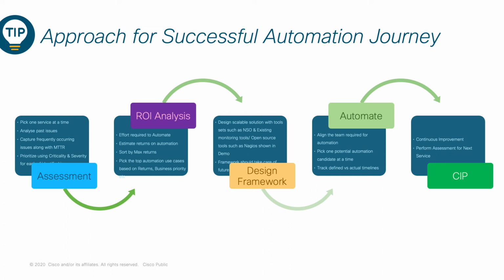The first question obviously is where to start. The first thing to do is the assessment, where you'll have to look at your environment, pick one service at a time, and analyze the past issues that occurred.